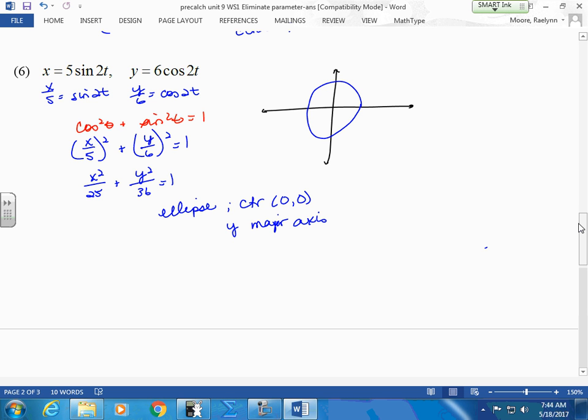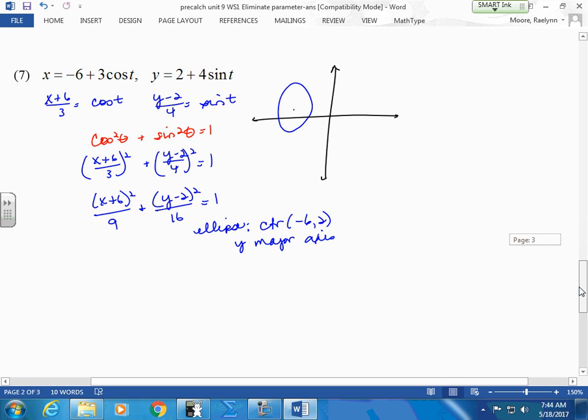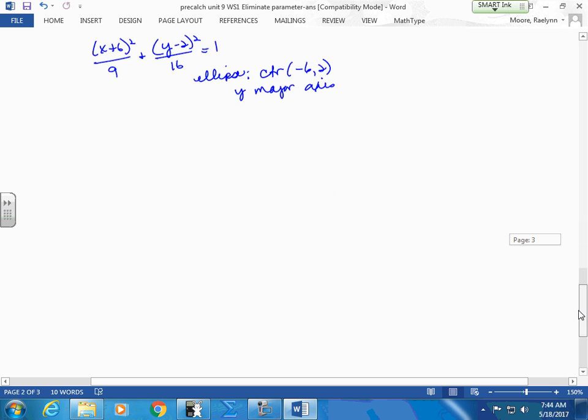Didn't you say you were going to give us a practice on the circle with the center? Yeah, was this the last one? No, you said no to that one. Can you go back? Yep.